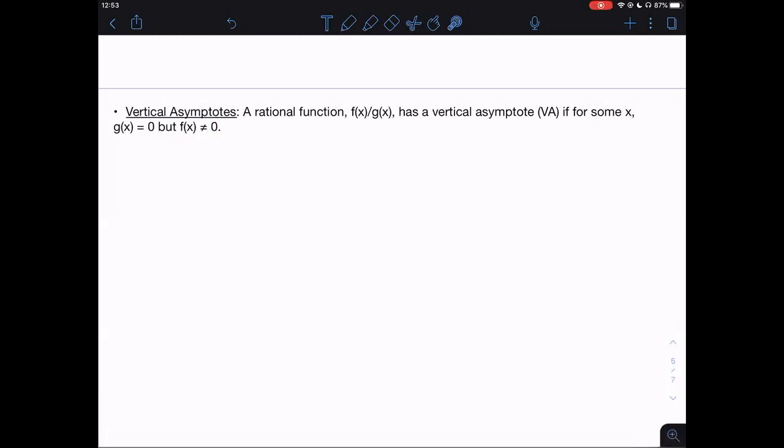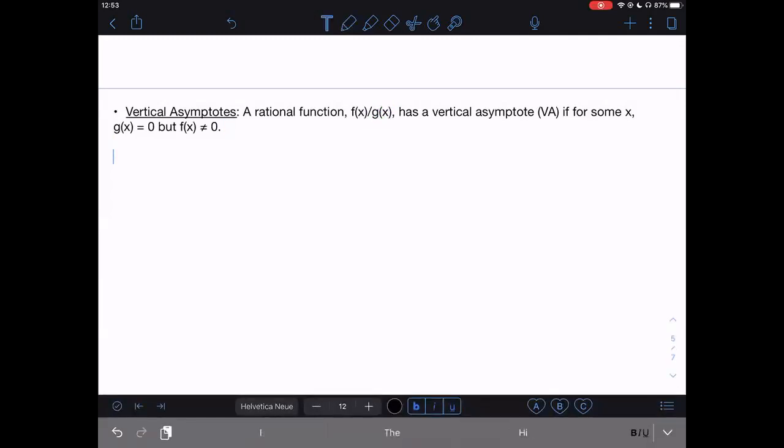In other words, recall, a vertical asymptote is a value of x that makes the denominator of a rational function 0. To find vertical asymptotes, we have to figure out what values of x we can plug into our function that will make the denominator 0. So let's outline the steps on how to find these vertical asymptotes.